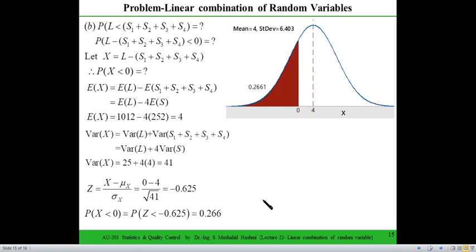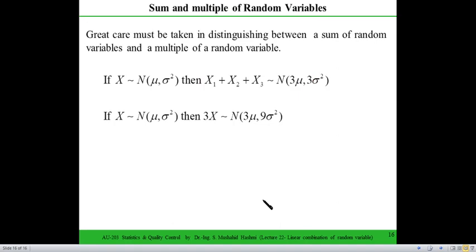So you see these two problems are quite important, and once you are dealing with multiples, 4 times S, or the sum of S1, S2, S3 and S4, you end up with different probabilities. In using the reproductive property of the normal distribution, you must be very careful.